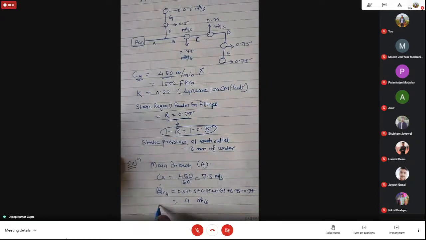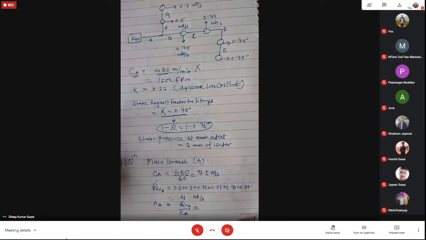Then find out the area required, the cross-section area of A, considering a circular cross section. So you will get the area equal to Q divided by the velocity of A, from the continuity equation. Using this, you will get the area equal to 0.5333 meter square.